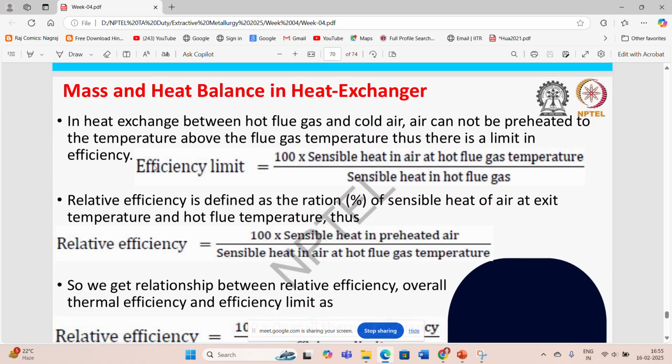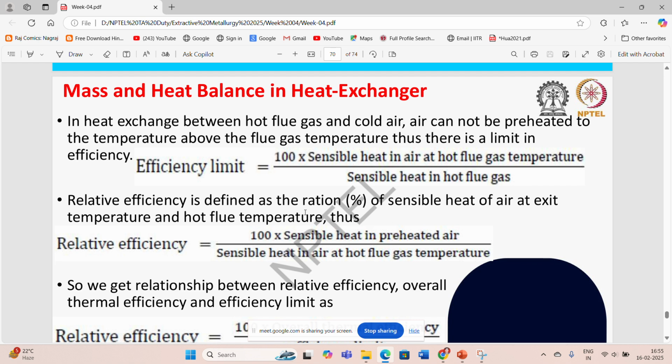In heat exchange between hot flue gas and cold air, air cannot be preheated to a temperature above the flue gas temperature. Thus, there is a limit in efficiency. The efficiency limit is defined as 100 times the sensible heat in the air at hot flue gas temperature divided by the sensible heat in hot flue gases.